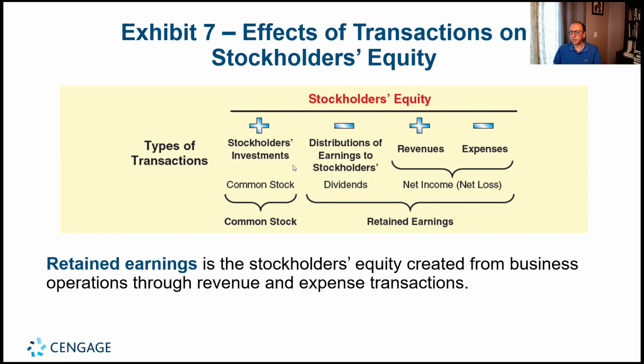Remember, common stock is what the investors bring to the business. The retained earnings is the amount of net income minus the dividends or the distributions. And remember, net income is the difference between revenues and expenses. So retained earnings is the stockholders' equity created from business operations through revenues and expense transactions.